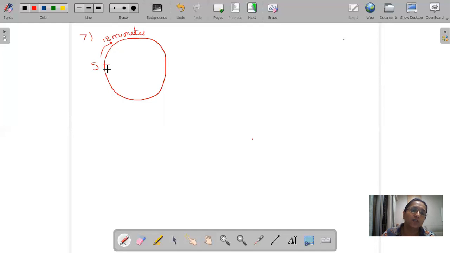He will take 12 minutes to complete one round. So Ravi is moving a little bit faster than Sonia. What we have to find out? If they start at the same point and at the same time, when will they meet again at the starting point? It is the question.